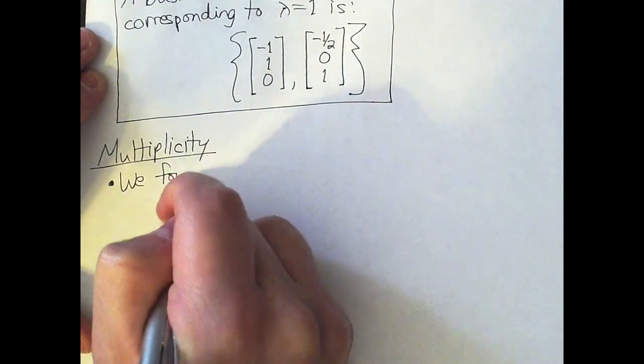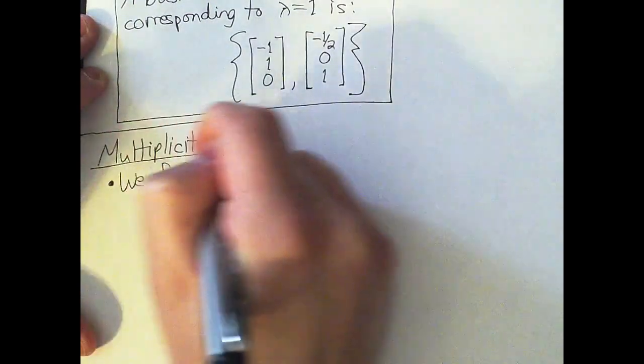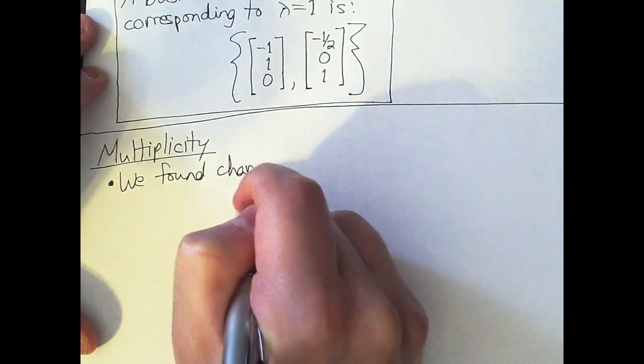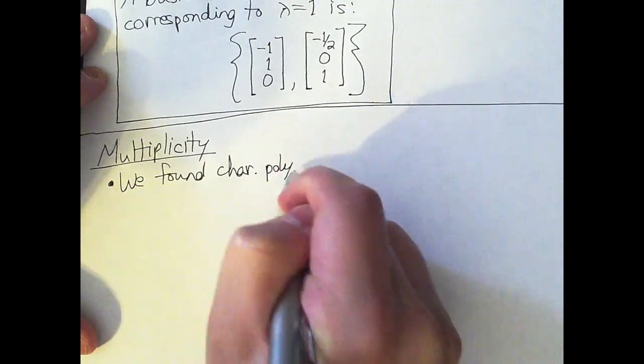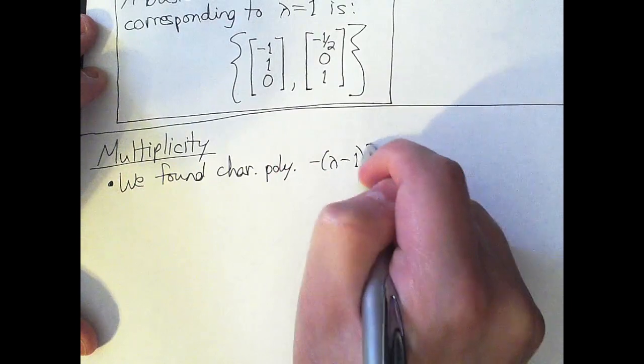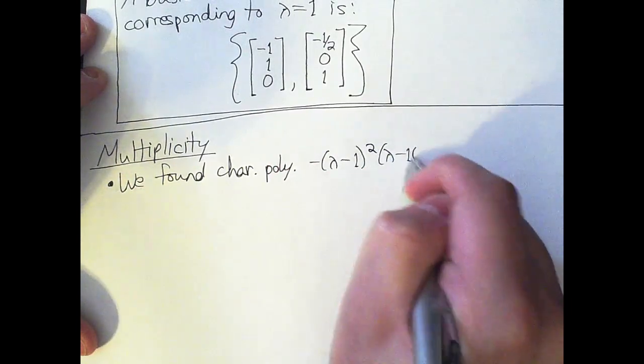We can put a big dividing line here because we finished the problem. We found the characteristic polynomial, I'm abbreviating it, minus lambda minus 1 squared. That was it once it was factored, right?